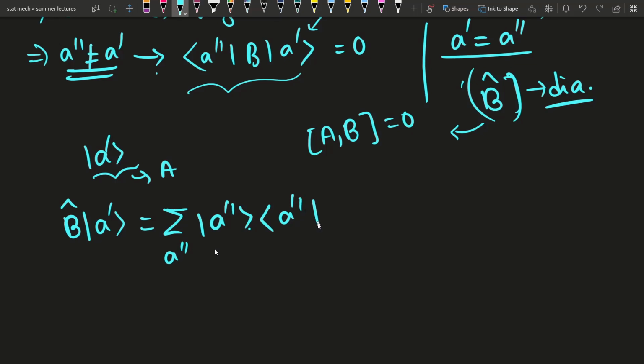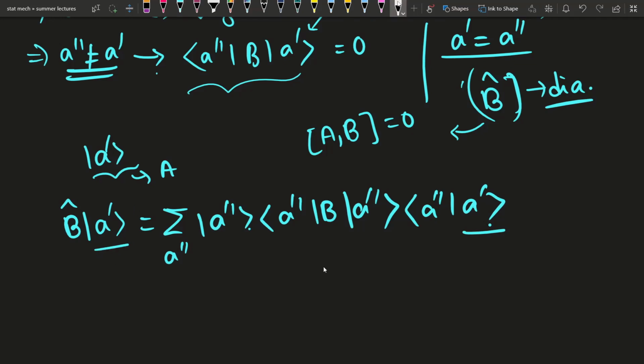This is the matrix element, and here you can see that all the indices are double prime because this B is now diagonalized, so I can represent it with a single index, A double prime. There is only one summation.